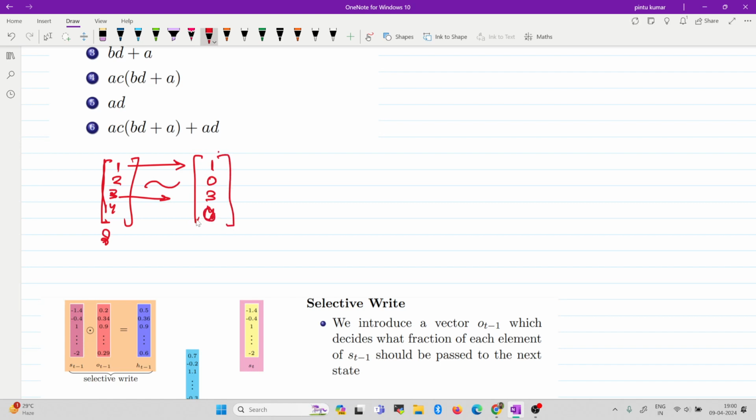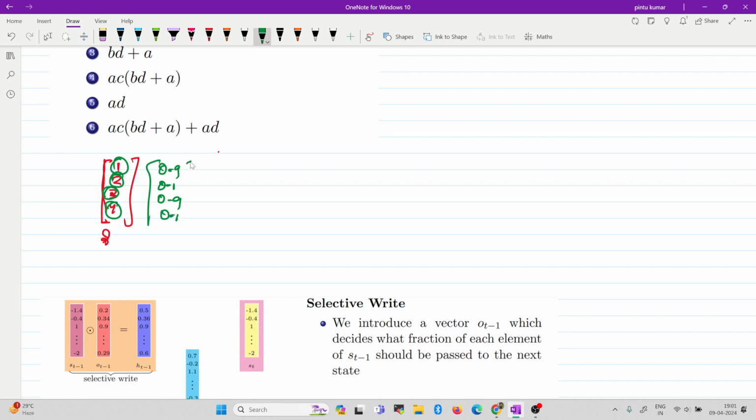Another option is that you weight these coordinates on the basis of their importance. Let's say you multiply it with something like 0.9, 0.1, 0.9, 0.1.